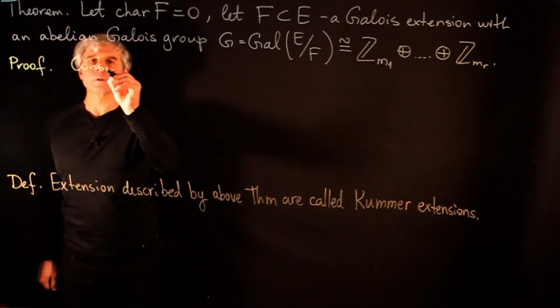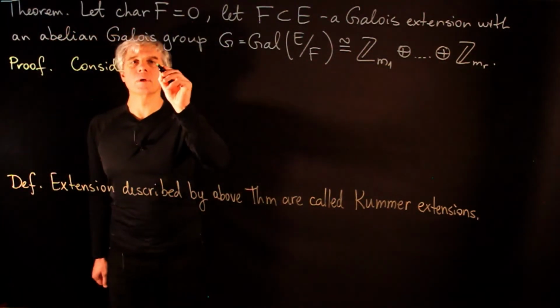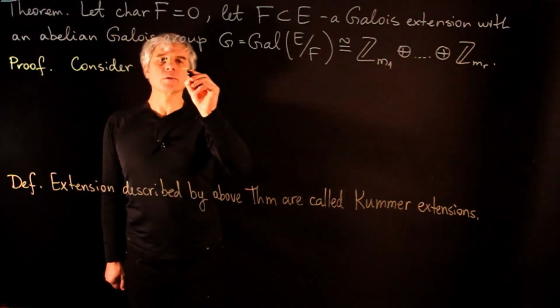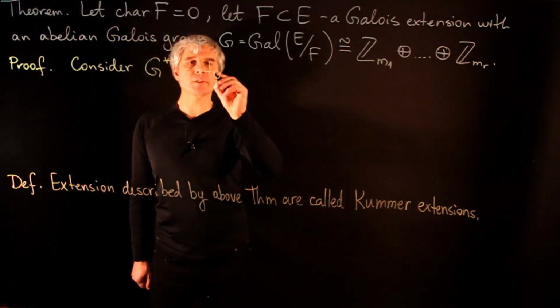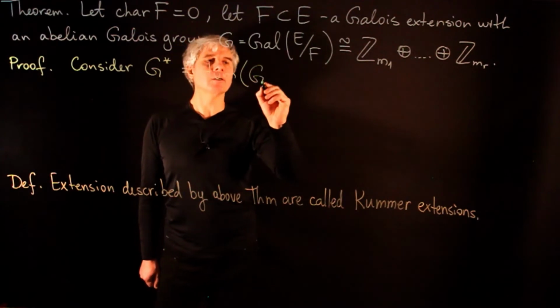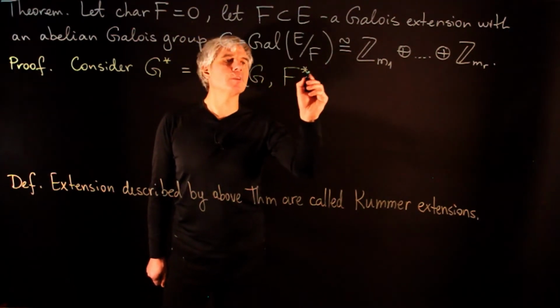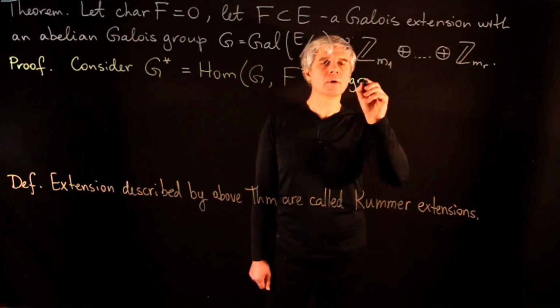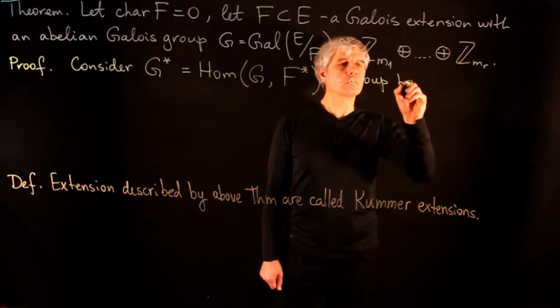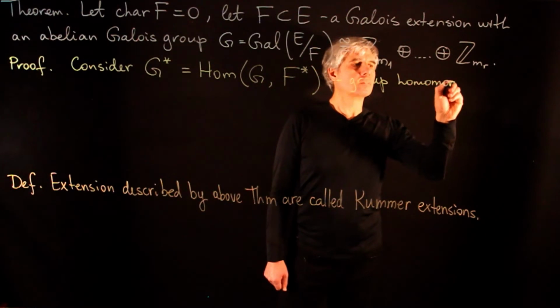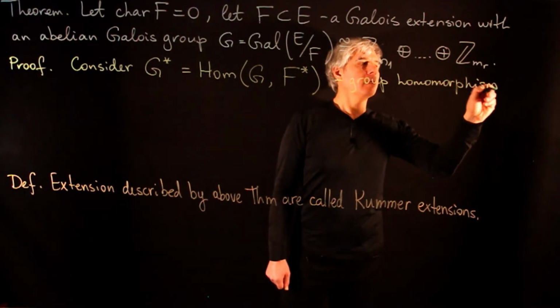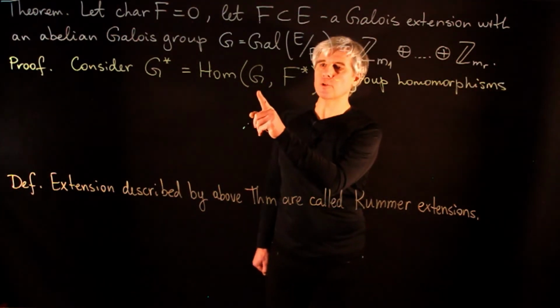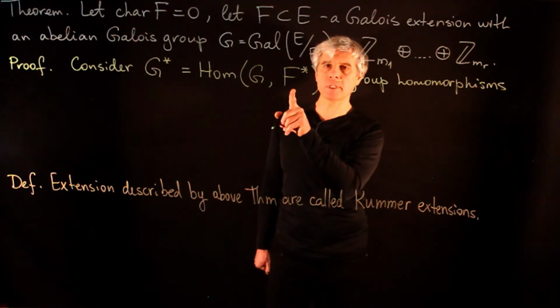Consider the dual group G star. So this is the group of homomorphisms from G to the multiplicative group of the field F. The elements of this group are group homomorphisms. These are functions on the group G with values in F star.